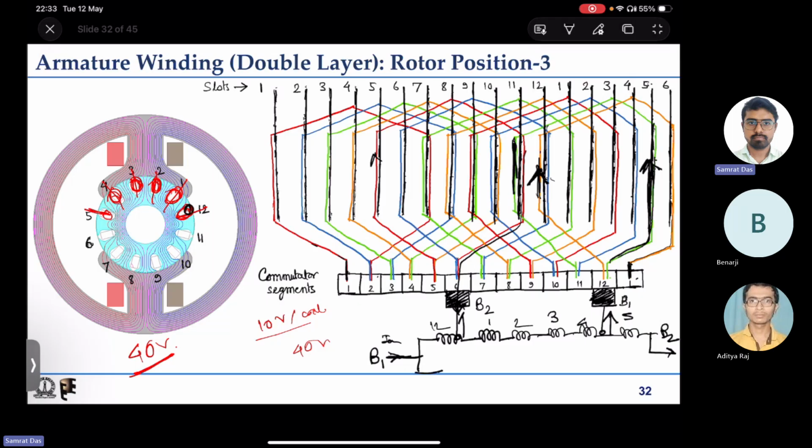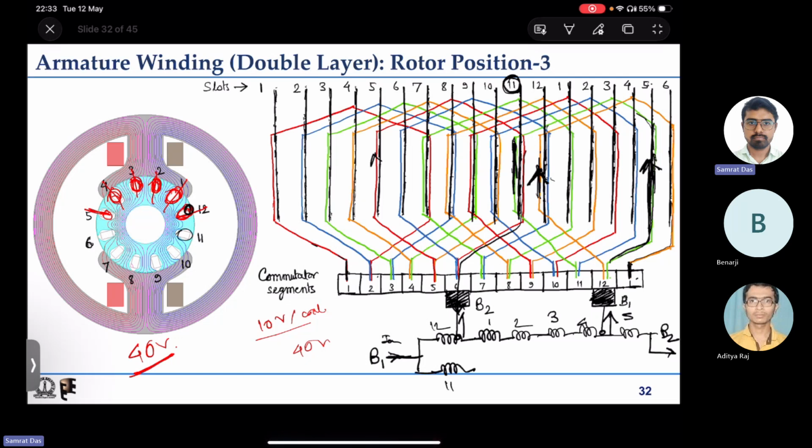So the top conductor of any coil, whichever slot number it is in, that is the coil number. That is what we have given. So this green is at the bottom. When this green comes to top, it is in slot number 11. So this is coil number 11.